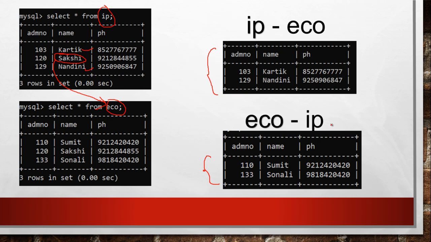So echo minus IP means the records of IP students are removed from the echo table, and then the remaining records are shown. IP minus echo means the records of echo students are removed from the IP table, and then the remaining student result is shown to the user. So this is the minus operation of relational algebra, right?